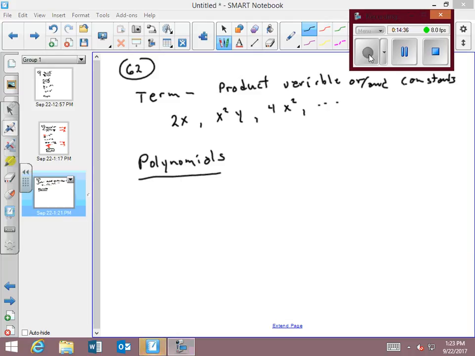So for every x, there's one y if it's a polynomial. Number two is that for every x between 2 points, there is a y. That is, there's no holes in the polynomial.